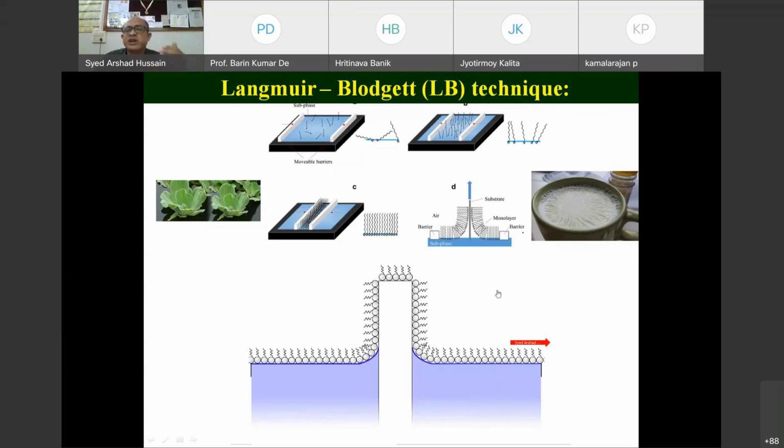It's very easy to understand. We all know this kind of plants, water plants floating in ponds or lakes. If with a bamboo stick you start compressing or accumulating the floating plants side by side, you will see the area is decreasing, plants are coming close to each other.